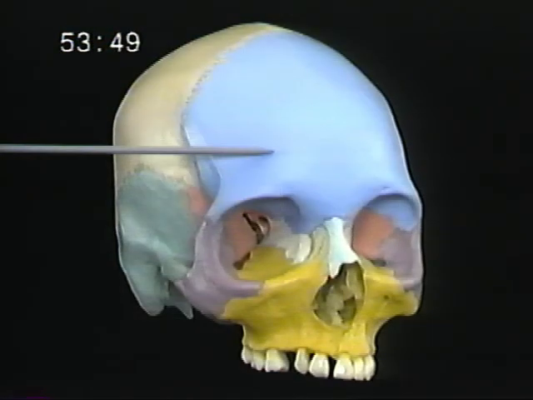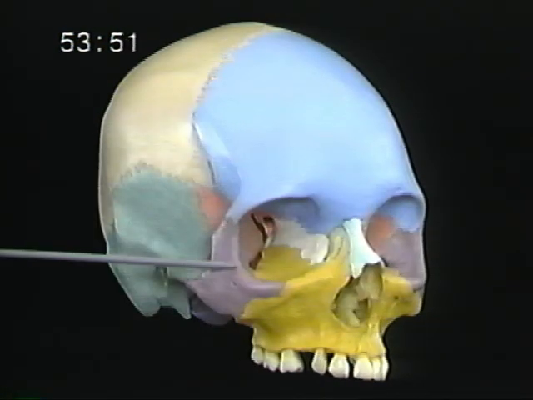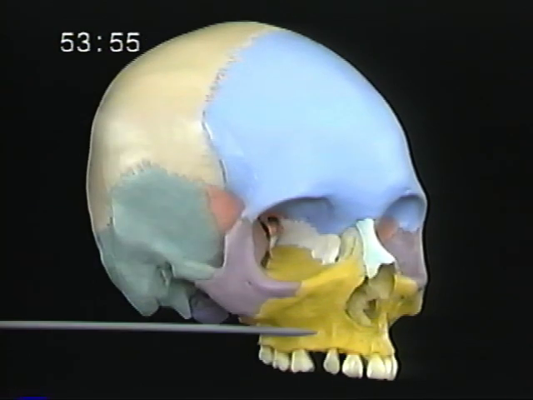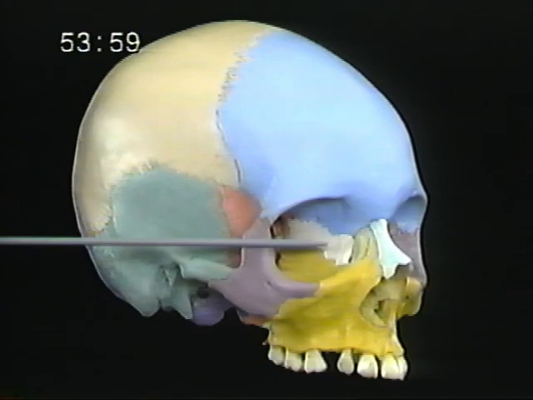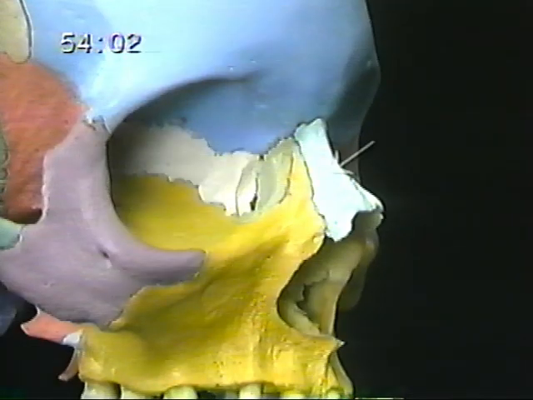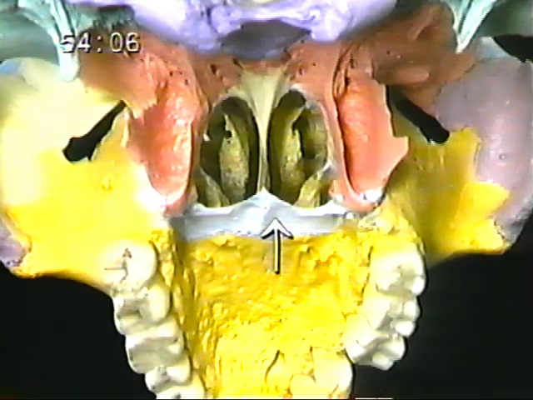Let's review what we've seen of the anatomy of the facial bones and the base of the cranium. Here's the frontal bone, the zygomatic bone, the maxilla, the sphenoid bone, and the ethmoid bone. Here's the nasal bone, the lacrimal bone, and the palatine bone.